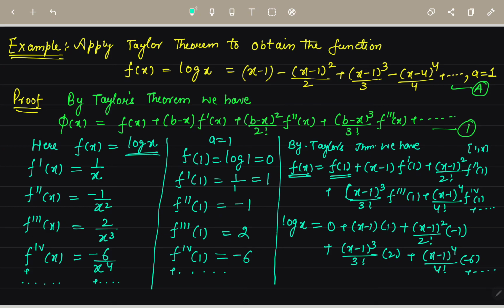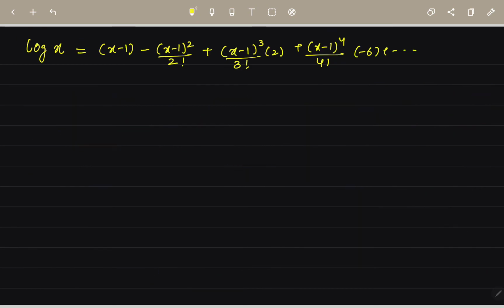So writing this equation one more time by neglecting this 0, we get x minus 1 and minus x minus 1 whole square divided by 2 and so on. Now after simplification I get the expression x minus 1 minus x minus 1 whole square divided by 2, plus x minus 1 whole raised to power 3 divided by 3 factorial, which is basically 3 into 2 factorial.